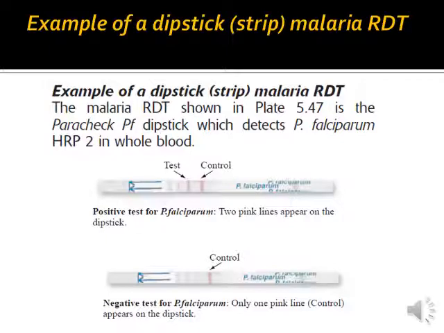Now this is an example of a dipstick strip malaria rapid diagnostic test. The malaria rapid diagnostic test which is shown here is the Paracheck PF dipstick, which detects Plasmodium falciparum histidine-rich protein in the whole blood. So you can see a strip.